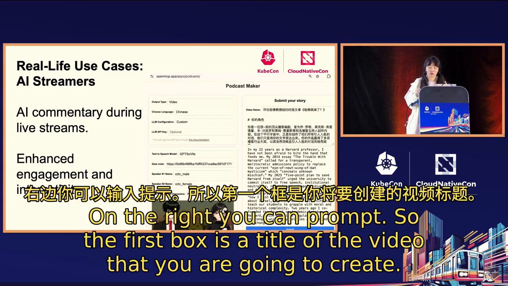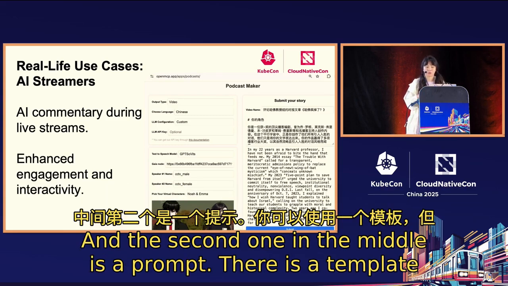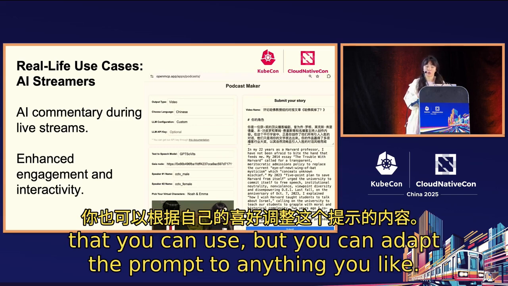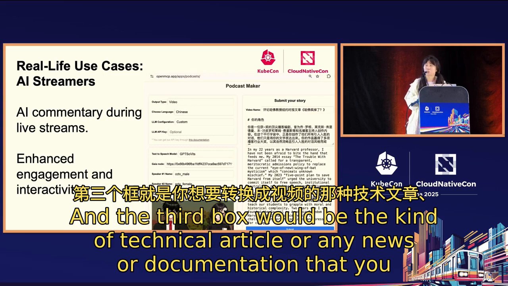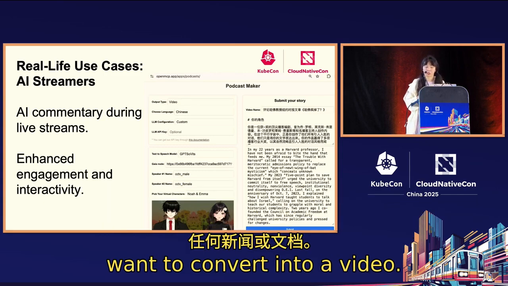On the right, you can prompt. The first box is the title of the video that you are going to create. The second one in the middle is the prompt. There is a template that you can use, but you can adapt the prompt to anything you like. The third box is the technical article, news or documentation that you want to convert into a video.